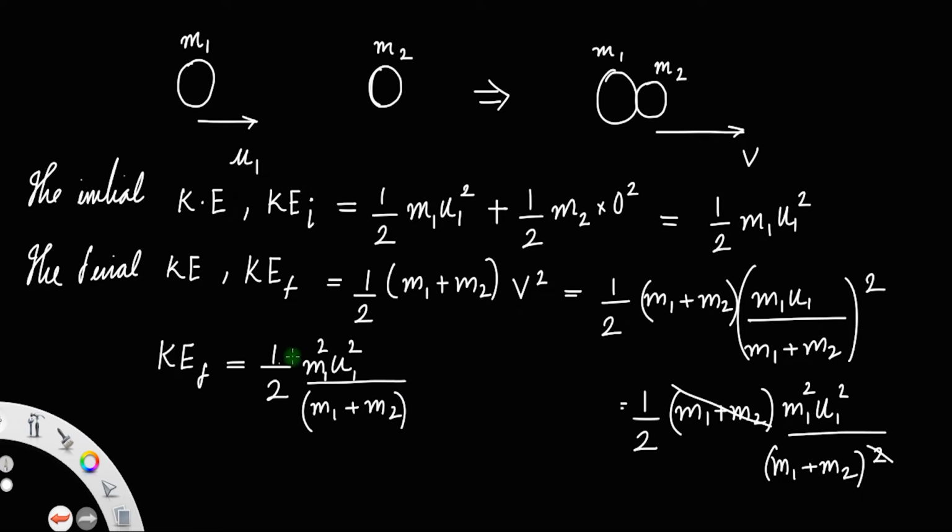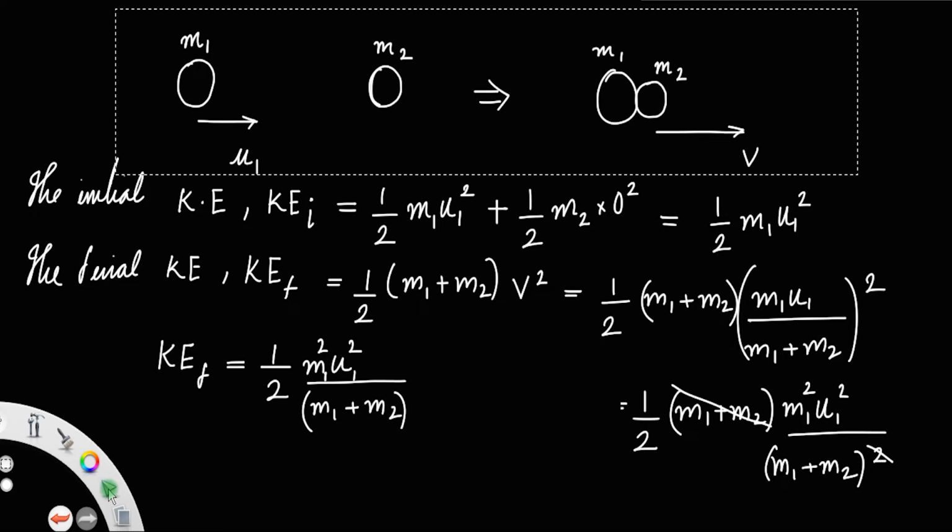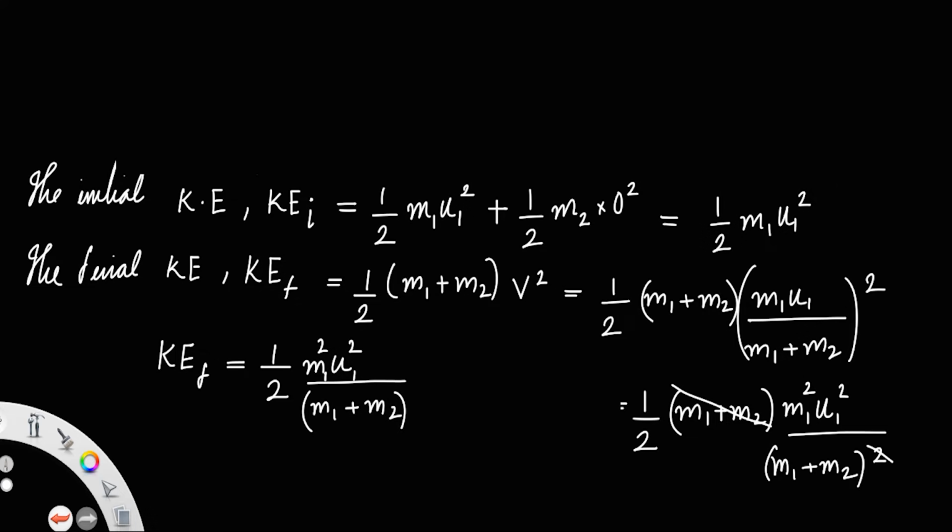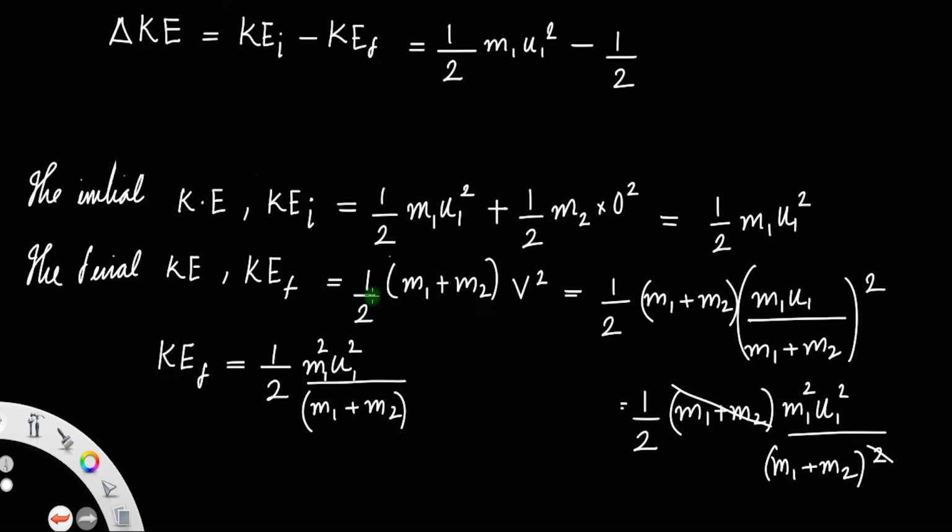Clear? Which means there is a difference in the kinetic energy. Initial kinetic energy is not equal to the final kinetic energy. So the change in kinetic energy, let's represent it as delta KE, is equal to initial kinetic energy minus final kinetic energy, which is half m1 u1 square minus half m1 square u1 square divided by m1 plus m2.